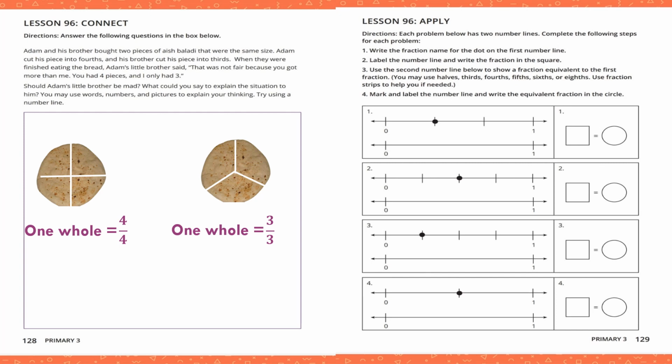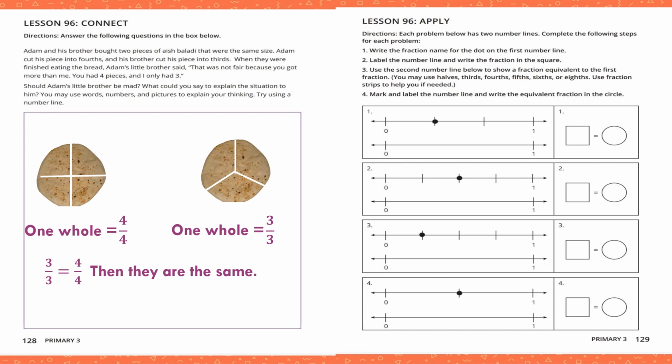They have the same amount, but Adam cut his bread into 4 pieces and his brother cut his bread into 3 pieces. So they have the same amount, then they are the same. 3 over 3 equals 4 over 4.